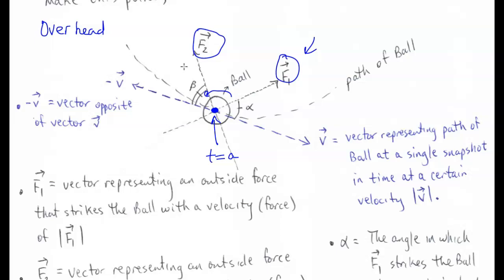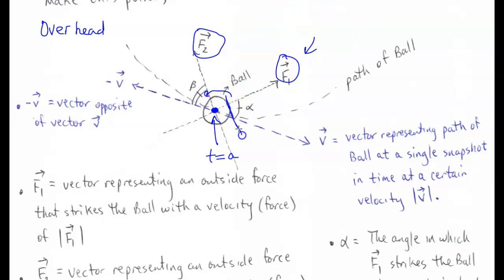Now, in all actuality, I know the way I have the force written, it looks like it's going through the ball. But what I'm trying to simulate is that F2 could hit the ball on its side. I didn't quite draw that well. So let's say it could hit it on the side here.